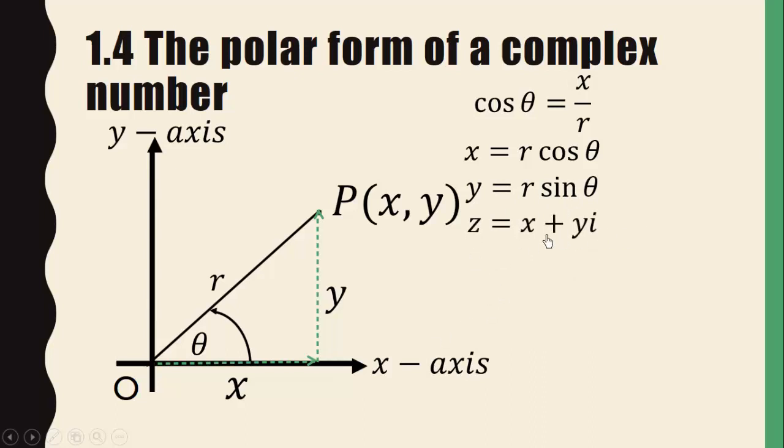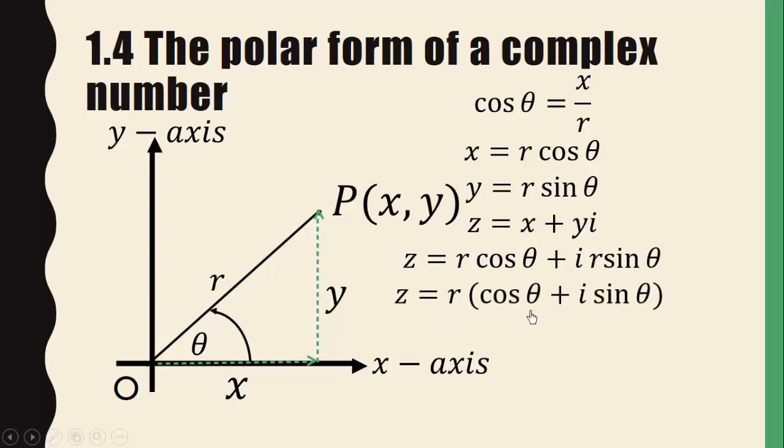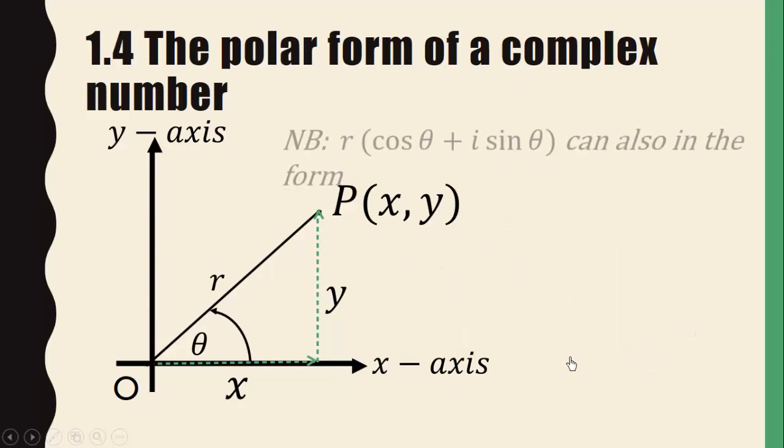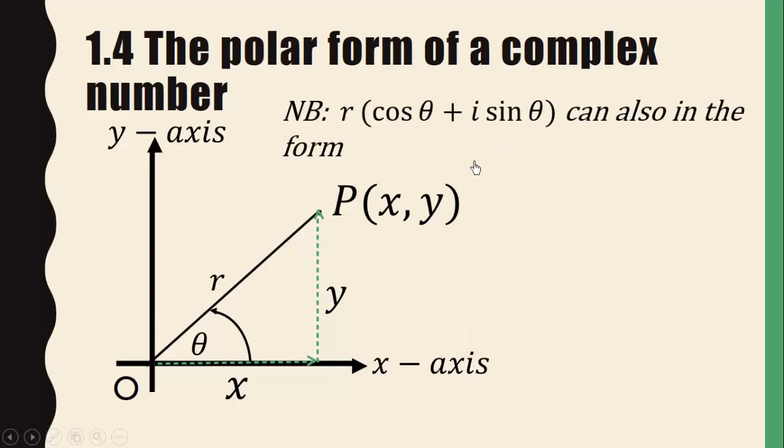Then when we substitute into the complex number, we get z equal to r cos theta plus i r sin theta. Factorizing the r out, we get r times cos theta plus i sin theta. So this is the polar coordinate form. So we know that the modulus is mod z, which is the r, and the argument is the theta for us. Then we also know that we can write this in the form r comma theta. That's polar coordinates for you.